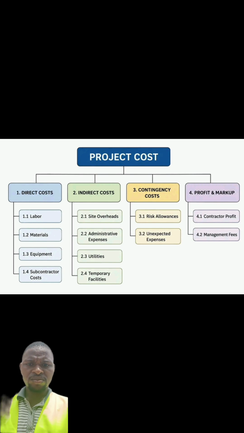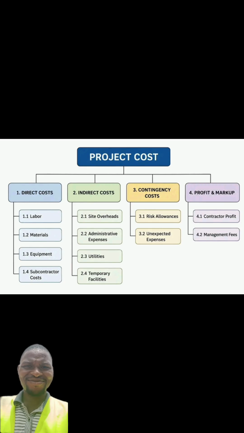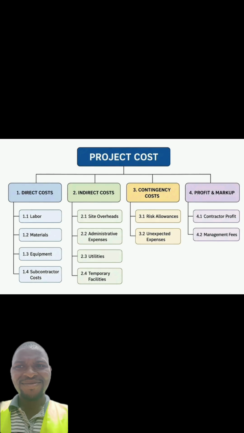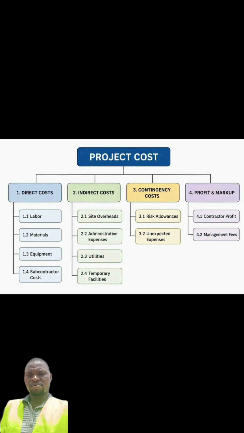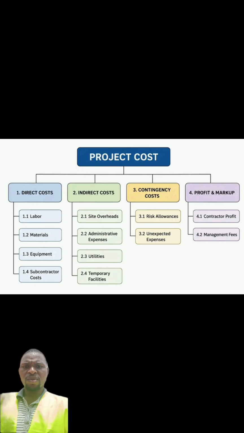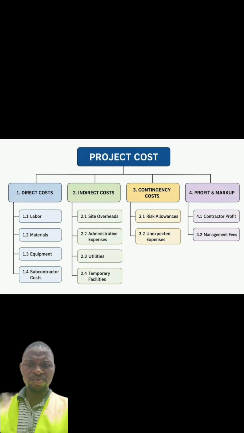If it is not, regardless, you are still going to make some expenses. So that is where administrative expenses come in. Then utilities, right? As the name implies, utilities are just these normal things we do, but in construction you tend to factor in all these expenses.